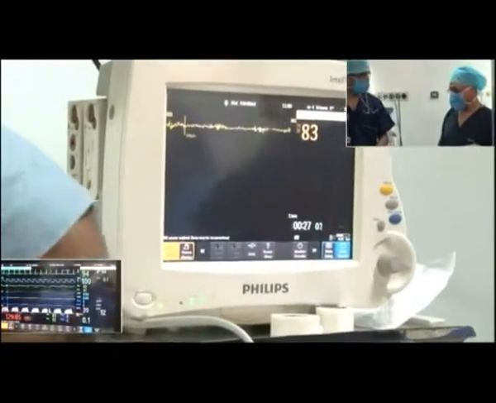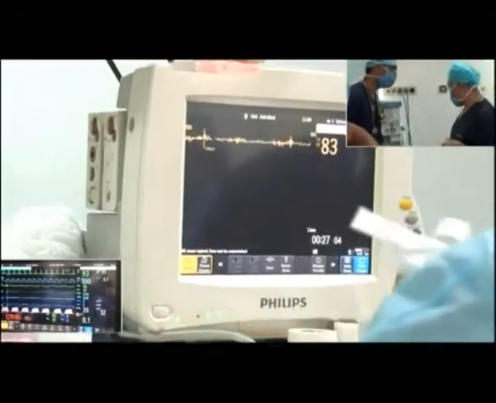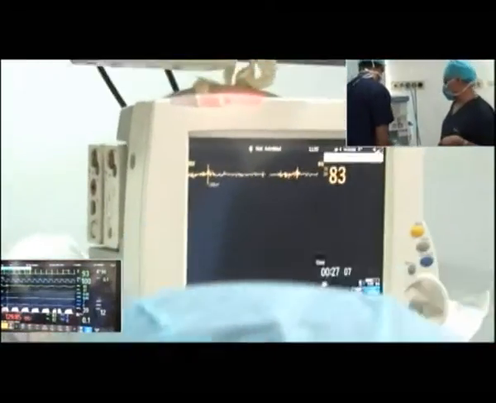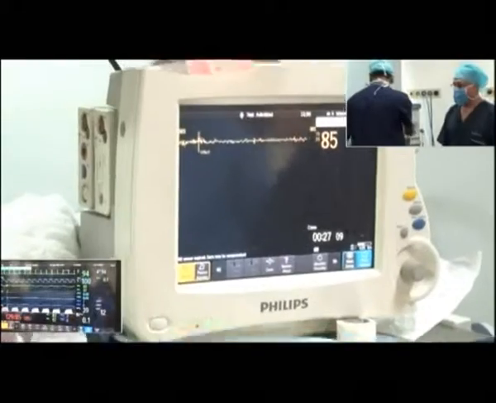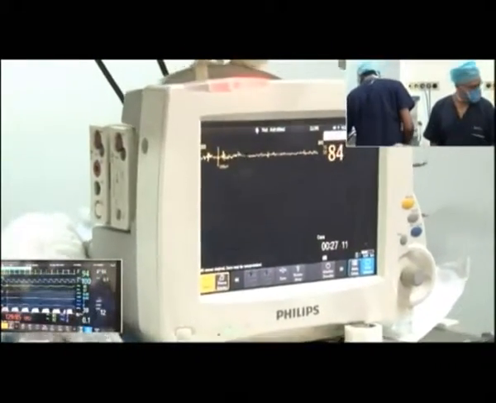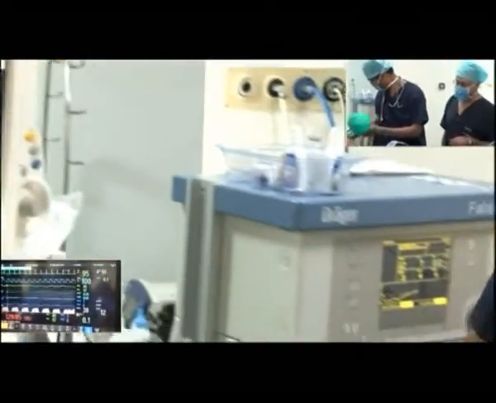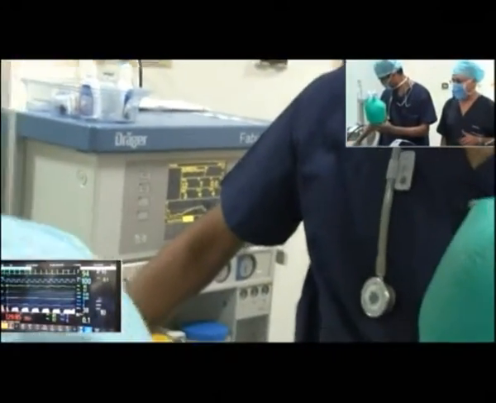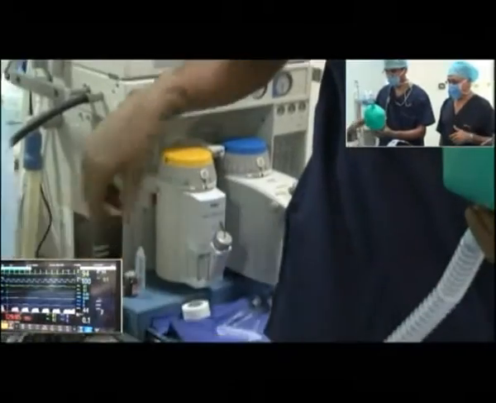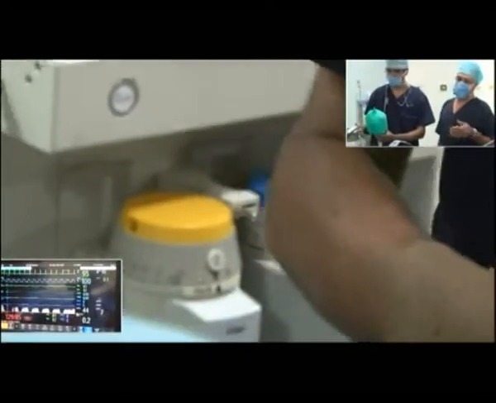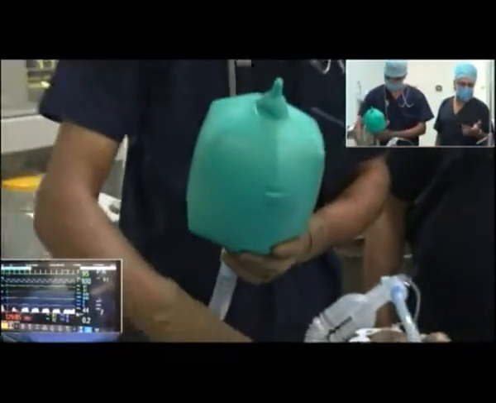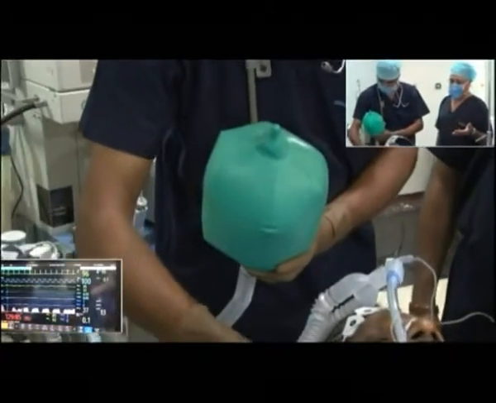Yeah. Take him off the ventilator. Let him breathe spontaneously. Yes, slowly. So as you notice, neostigmine, as you know, has a slow onset.